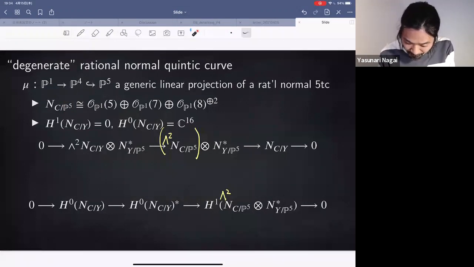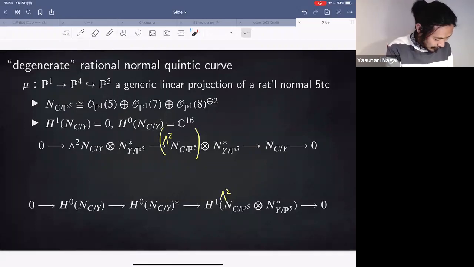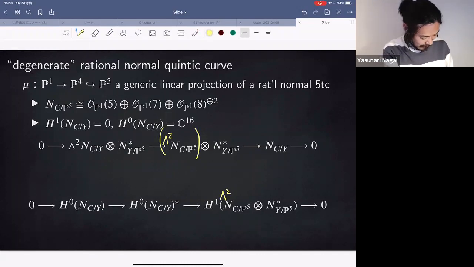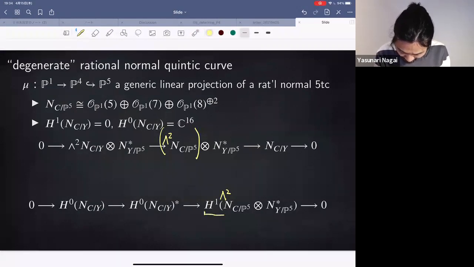And if you look at this sequence, I calculated it, and I omit the calculation in detail, but basically I think this space is non-zero this time. This is 4-dimensional. It is an easy calculation to compute the splitting.